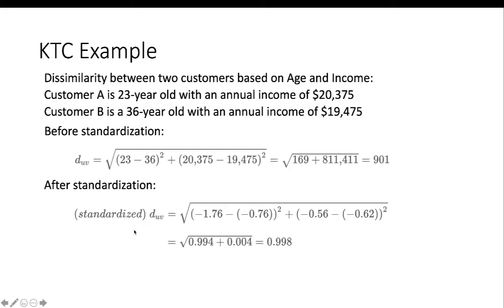And based on the standardized variable values, we observe that the observations U and V are actually much more different in age, 0.994, than in income, 0.004. So when we use Euclidean distance, we usually standardize our data set, especially when we have variables that are significantly different in unit measurements.